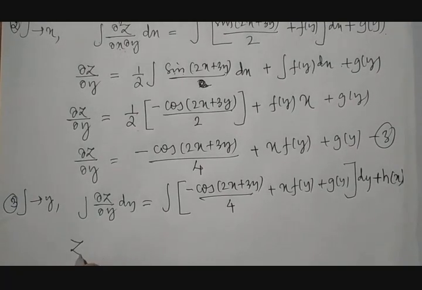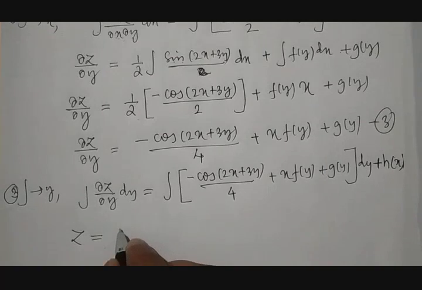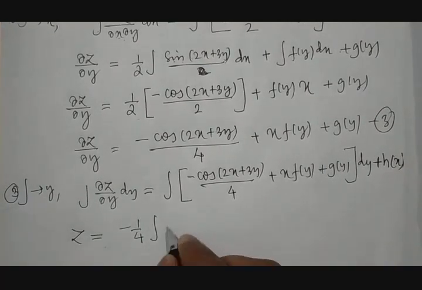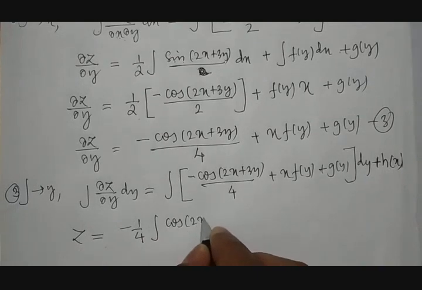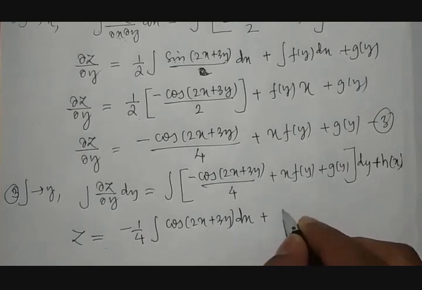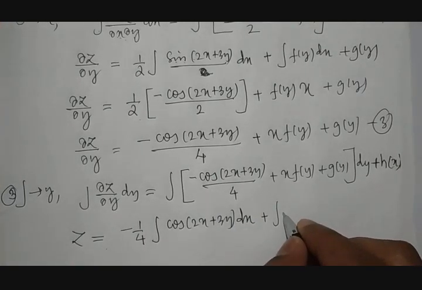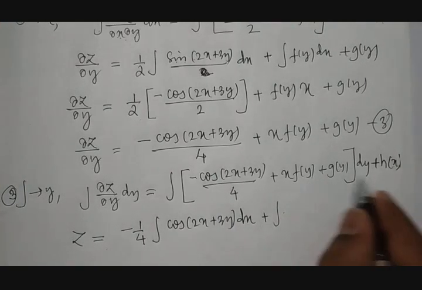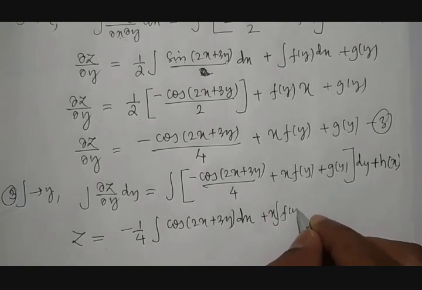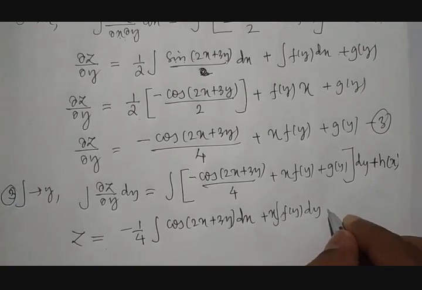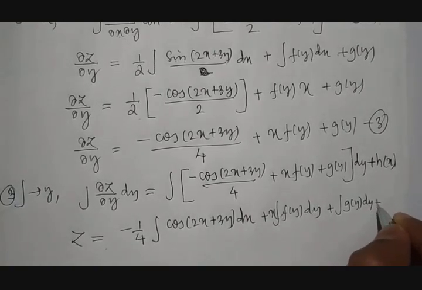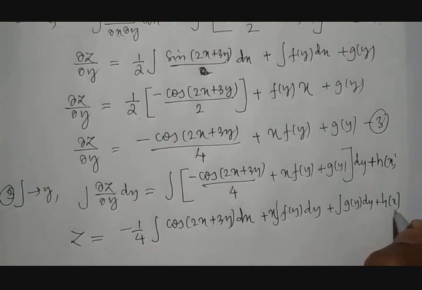Therefore this becomes z is equal to, now I take individual, so minus 1 by 4 is taken as a common term, then it is integration of cos(2x + 3y) with respect to y, plus integration of x into f of y with respect to y. So here x is constant, I'll keep it out, then it is f of y with respect to y, plus integration of g of y with respect to y plus h of x.